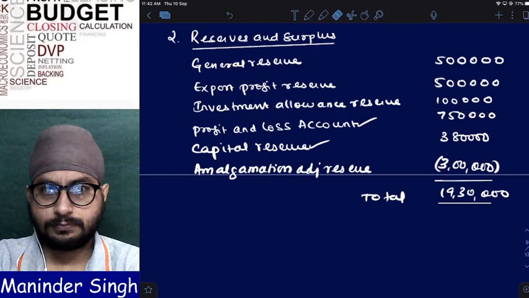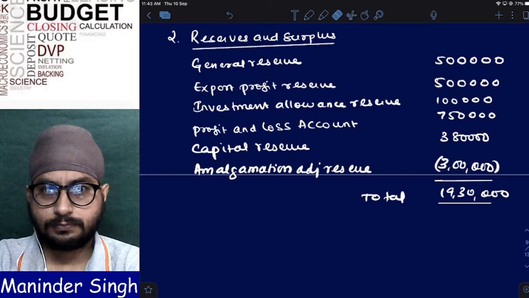I'm not adding or minusing. If I add or minus, at the end of the day the answer will remain the same. But the logic here is, when I'm including your statutory reserves in my books of accounts, the second effect is that I'm reducing the statutory reserves, either from general reserve or from P&L account. Understood?